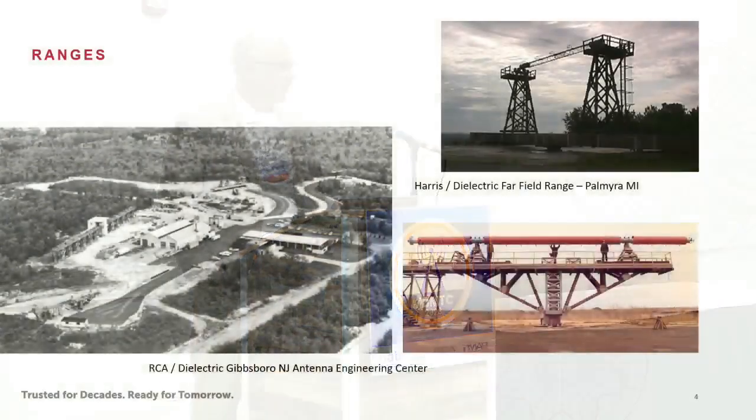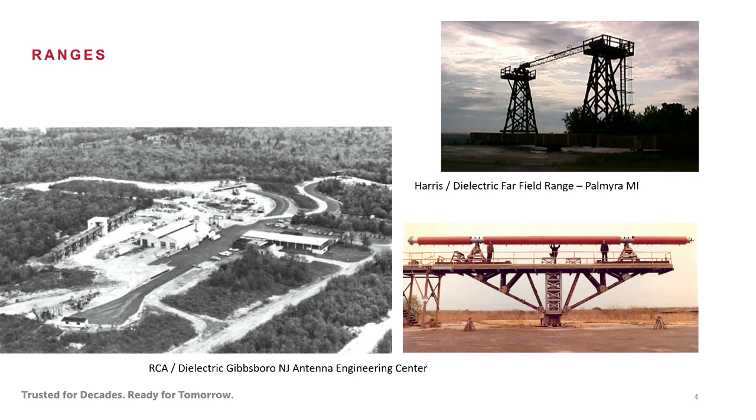So ranges used to look like this. This is a picture of on the left, the Gibbsboro, New Jersey test range that RCA and then later Dielectric had in operation for verifying patterns both on TV and FM antennas. So you can see it's not insignificant in the amount of just physical space that it takes, right?